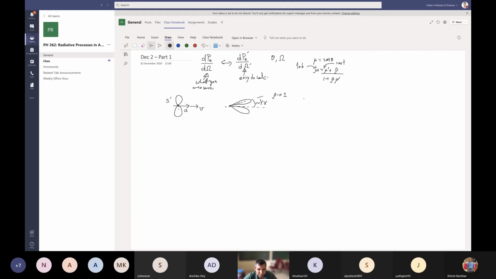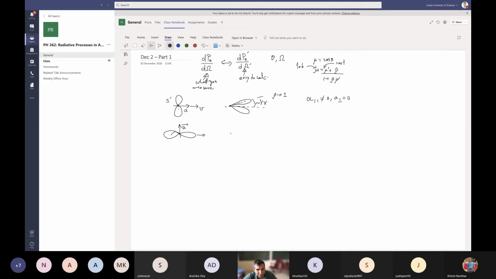Okay, so this is a parallel equal to 0, but a perp, acceleration perpendicular to the particle velocity, is not 0. The other case we considered was when the acceleration is actually in the direction of the velocity. Sorry, this is the rest frame. It's symmetrical. So this is the direction of acceleration, and this again is the direction of velocity.